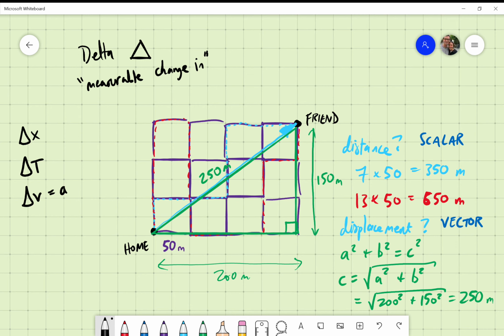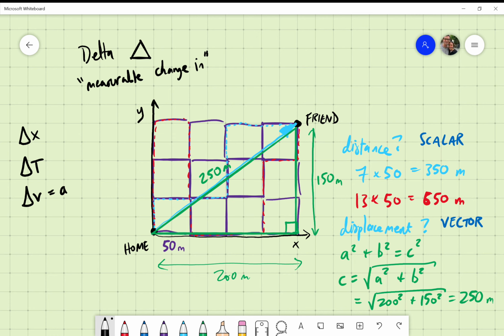So with our city block walking situation, we could ask questions like, all right, I guess we need to first define that this is the x direction and this is the y direction.